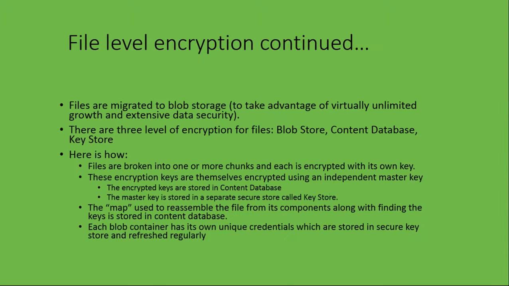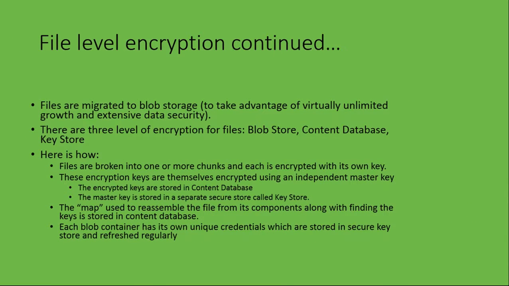Let's further understand how this data-level or file-level encryption is maintained in Office 365. We will see how Microsoft stores the files and how Microsoft encrypts the files. First of all, the files are stored in blob storage.